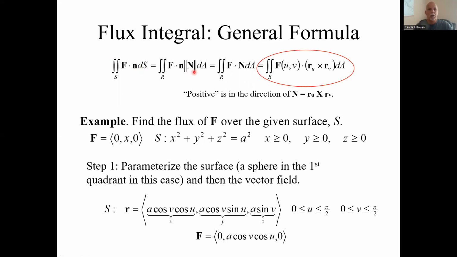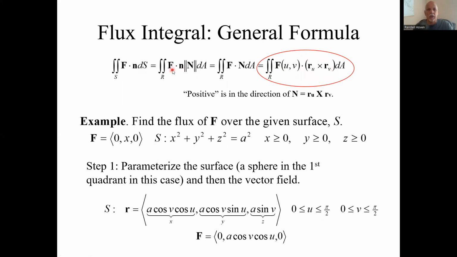So this magnitude of big N dA is the dS. But little n is just the unit vector in the same direction as big N. So that unit vector direction times the magnitude of big N is just big N. So here's what it is. Big N is this, r sub u cross r sub v.